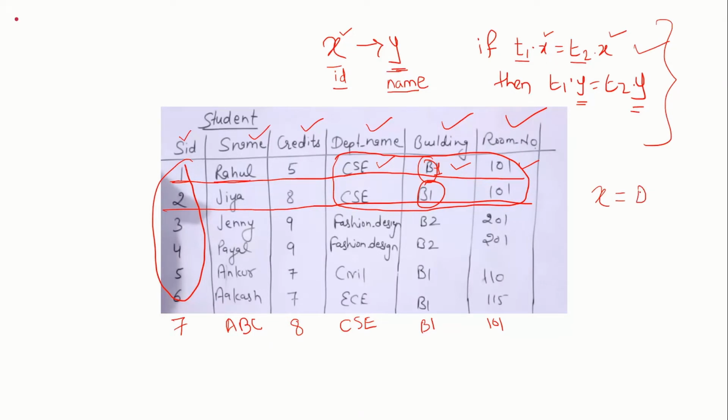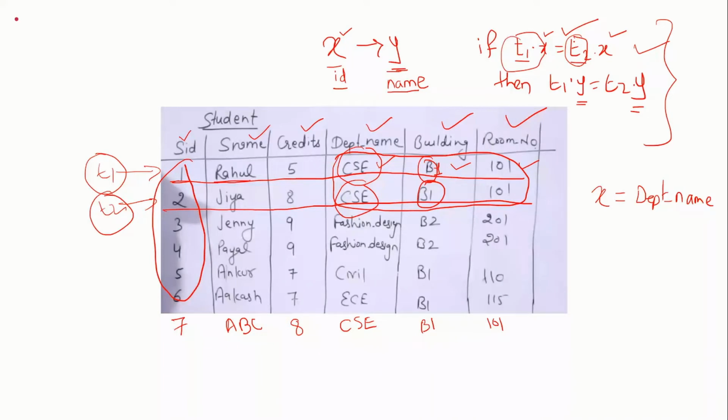T1 means one tuple and T2 means another tuple, that is, a record. Within T1, the department name is CSE, correct? And the T2 tuple's department name is CSE, so it is equal, that is true.